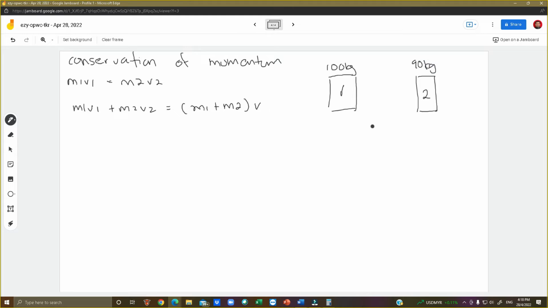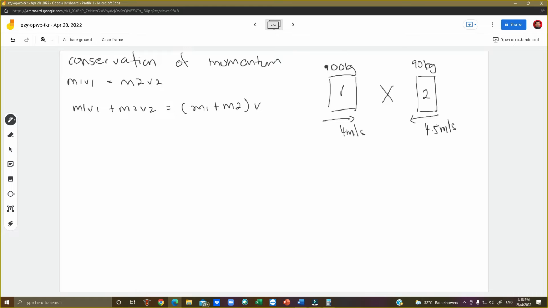The first person moved at a speed of 4 meter per second, while the second one moved at 4.5 meter per second. The question is, what happened to the system after collision? We need to find out the new system.